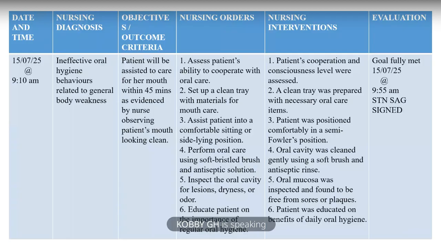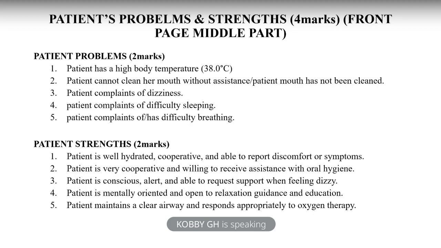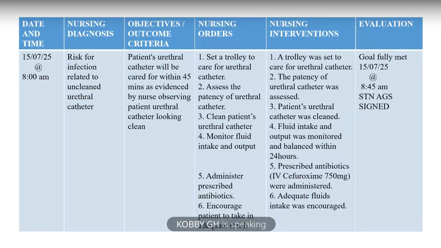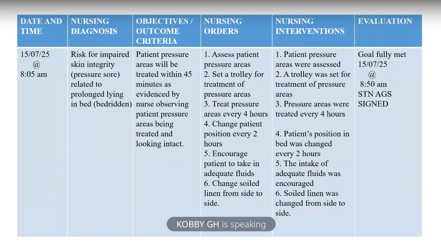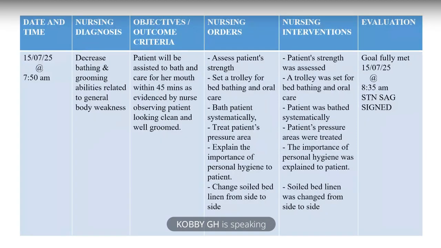Is that okay? But if you are doing it combined, you stick to the diagnosis for only the bathing, and that will be decreased bathing and grooming abilities. Anytime you are writing the diagnosis for bathing, do the bathing and grooming combined. Decreased bathing and grooming abilities related to general body weakness.